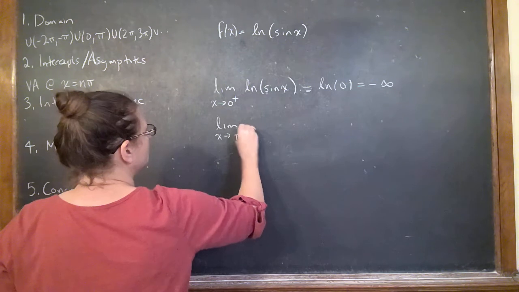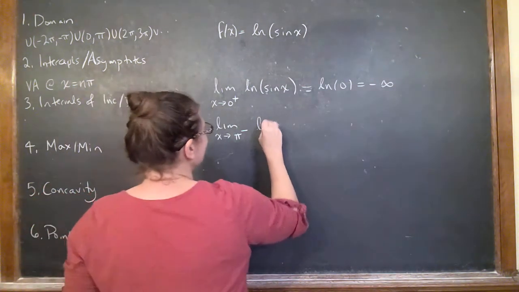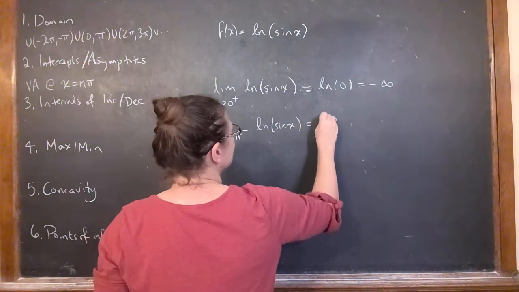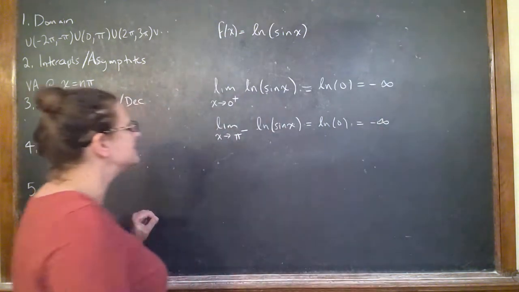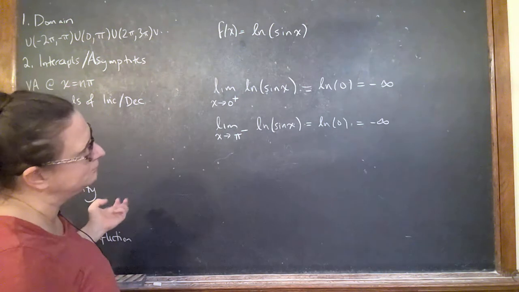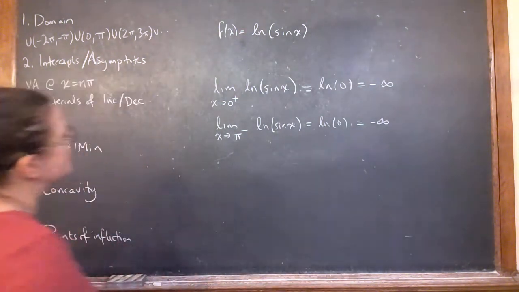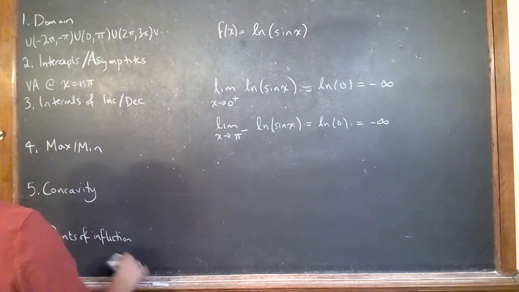Did that wrong, should be like this. Natural log of sine x. Again, we're doing natural log of 0, so this is going to be negative infinity. And the same thing is going to happen for each of these.